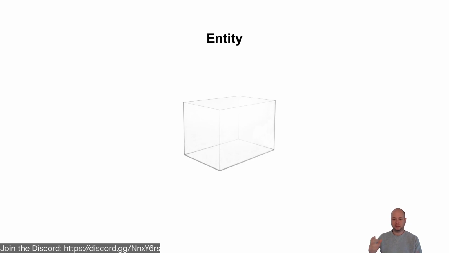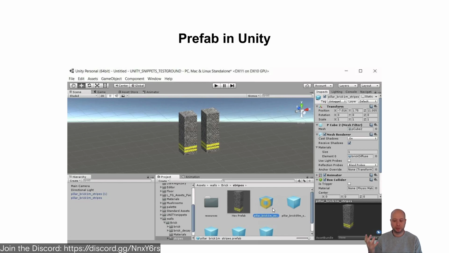So ultimately an entity is just a container. It's just a wrapper around a number of other things that we may be using underneath the covers. For example, like I said, maybe a mesh or multiple meshes, the rigid body, and the behavior of the object in the scene. If you are familiar with Unity, for example, Unity has this concept called a prefab.